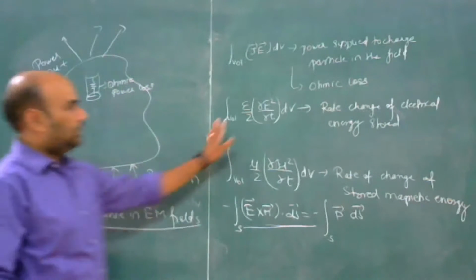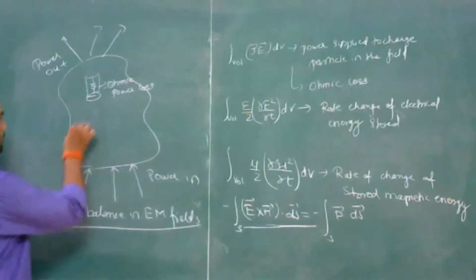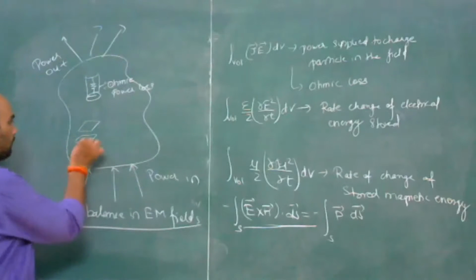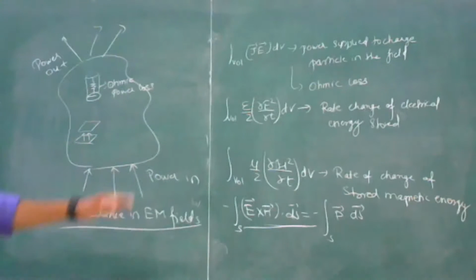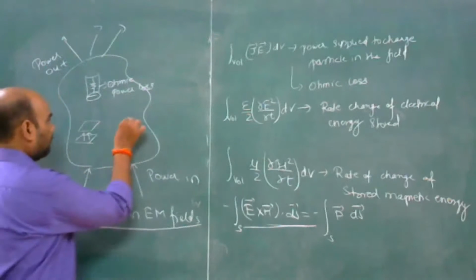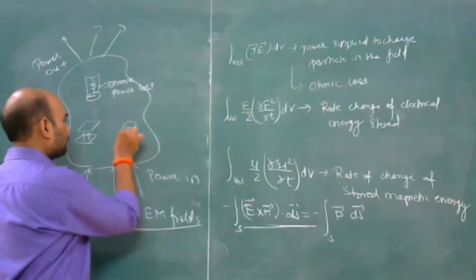Then the rate of change of stored electrical energy can be given by a parallel plate capacitor like this. And the rate of change of stored magnetic energy can be given by a current flowing through a conductor or by an inductor coil.